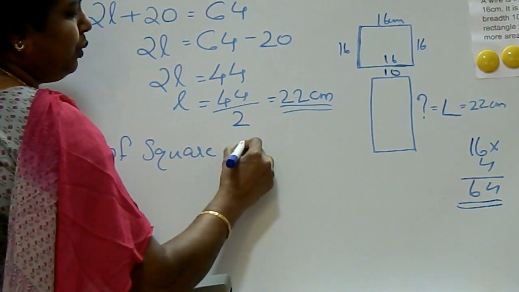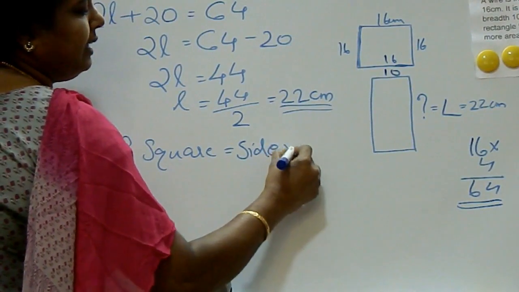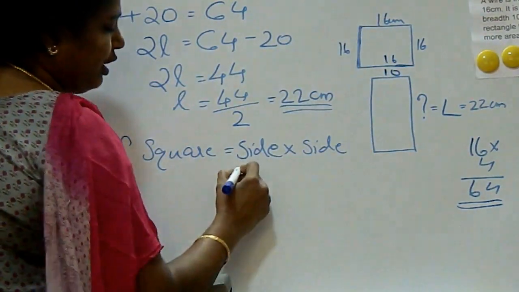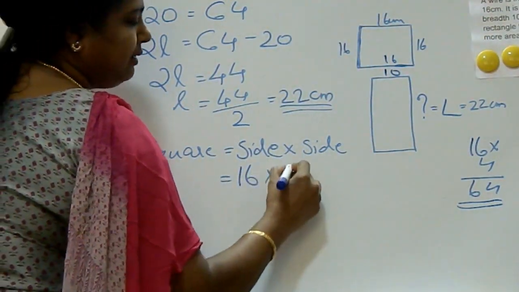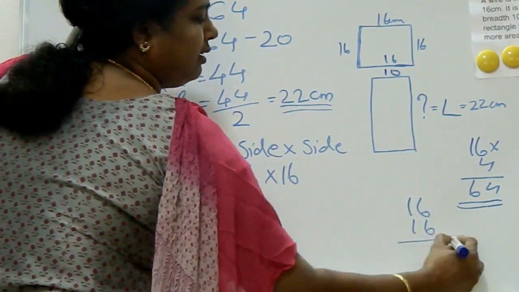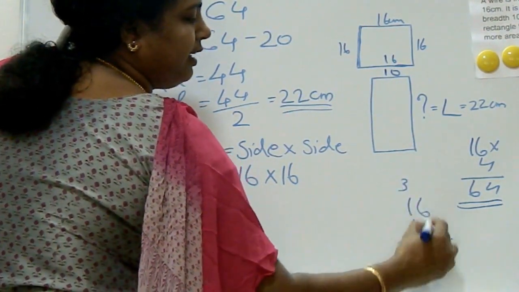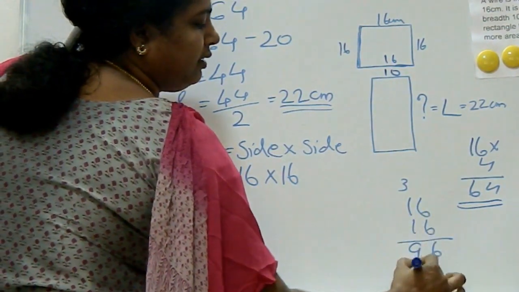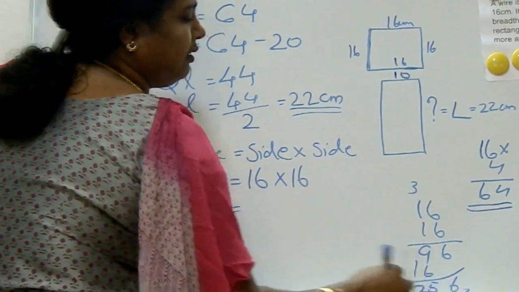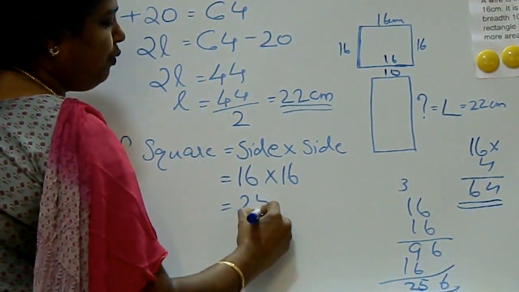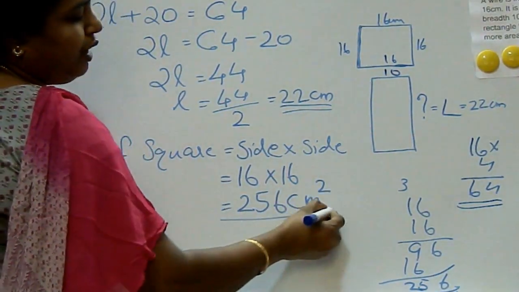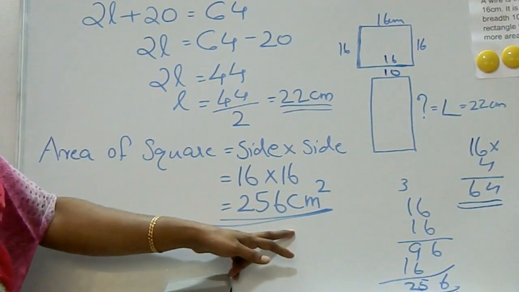Area of square is equal to side multiplied by side, which is 16 multiplied by 16, that is 256 centimeter square. The unit we always have to write is centimeter square.